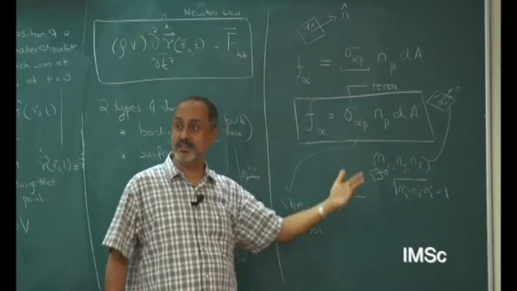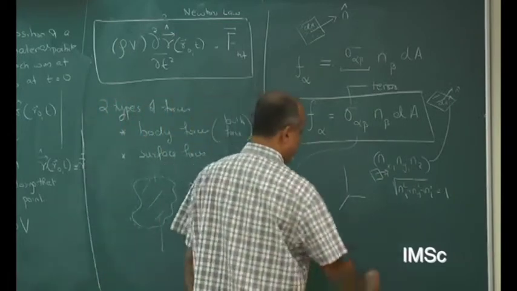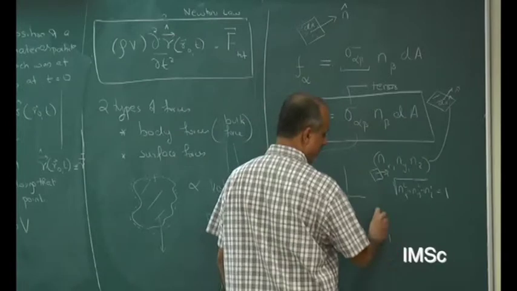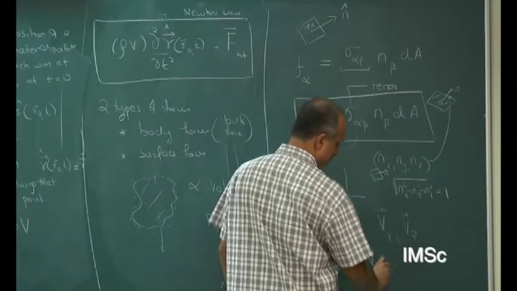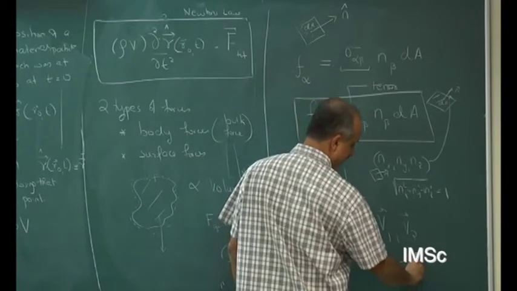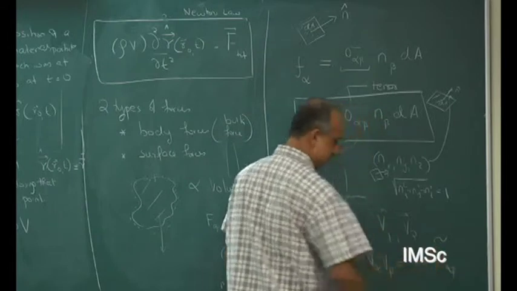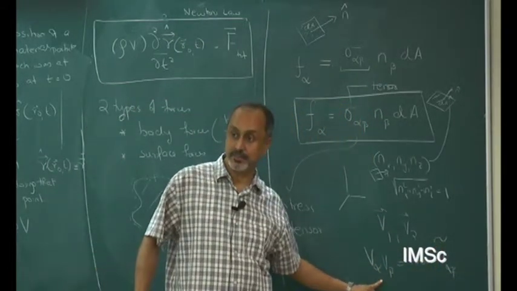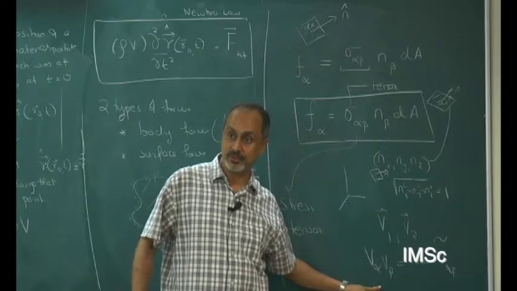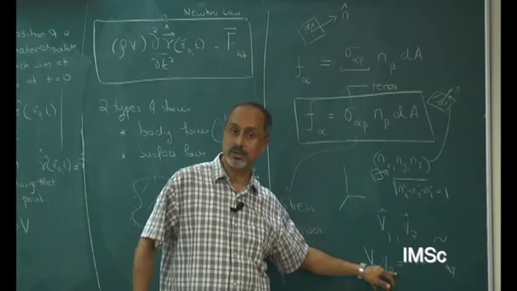You must have seen quantities, I don't know if Rahul has discussed this, but for example, if I have some vector, let us say v1 and some vector v2, then v alpha v beta is itself a tensor. Let me call it v tilde alpha beta. This is now a 3 by 3 object because alpha can go between values 1 to 3, and beta can independently go between values 1, 2, 3.